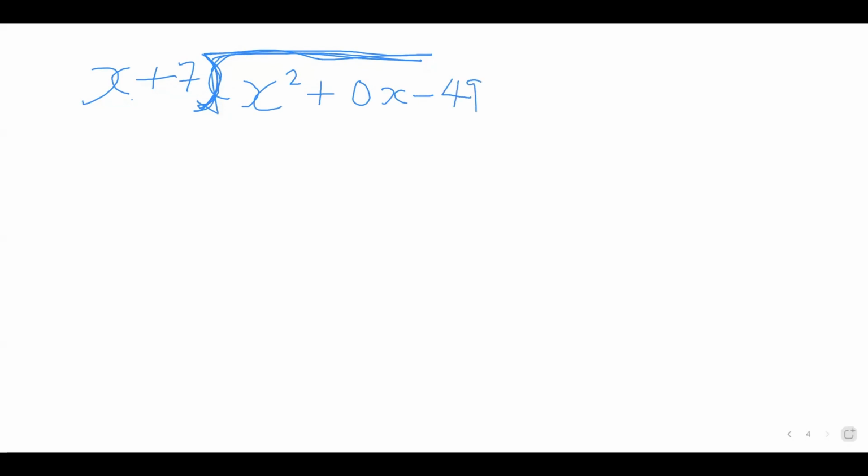So originally, the question would have been written, divide x squared minus 49 by x plus 7.